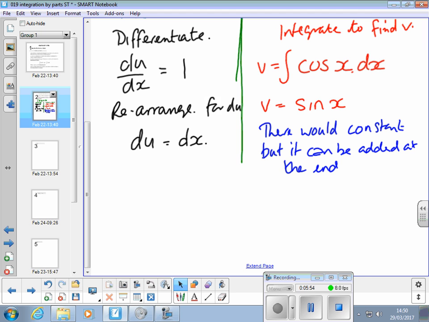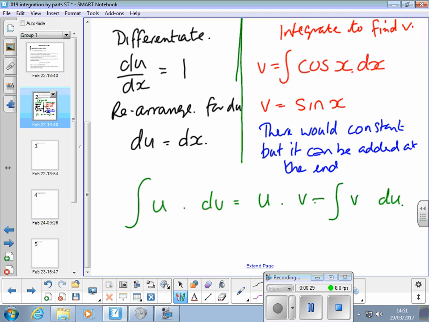What we then do is we take this formula for integration by parts. That's got the integral of u times dv is equal to u times v minus the integral of v du.